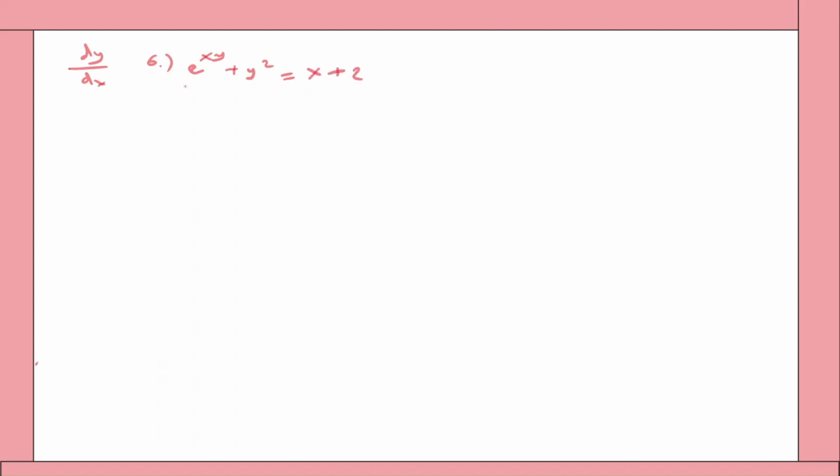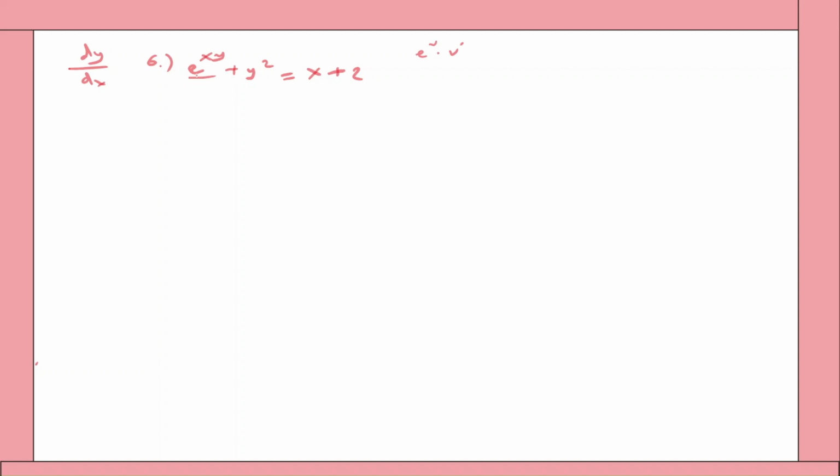So besides this e to the xy, everything is pretty similar to what you've already been doing. So let's handle this one first, and let's see what we have to do. If you recall, the rule for the derivative of e to the u is just e to the u, so rewriting whatever is there, and multiplying it by u prime, the derivative of whatever the top stuff is.